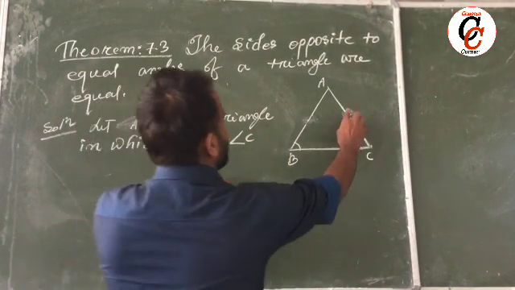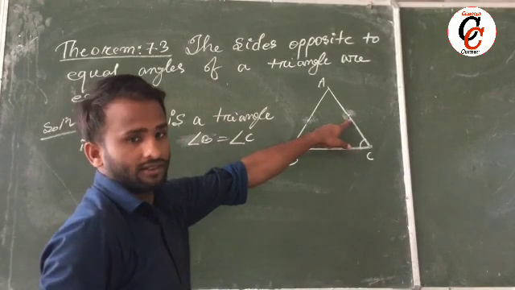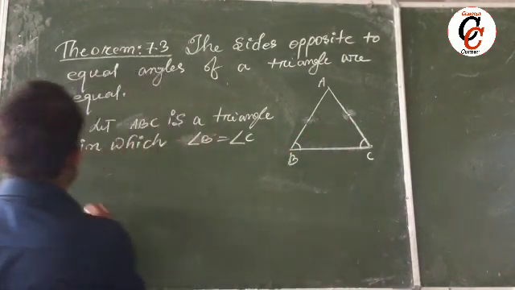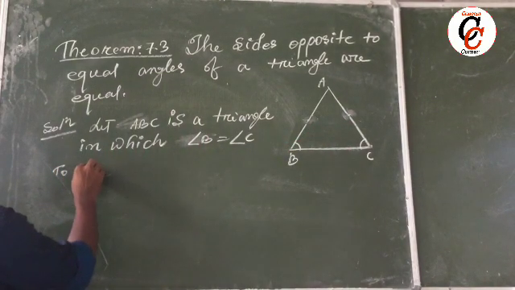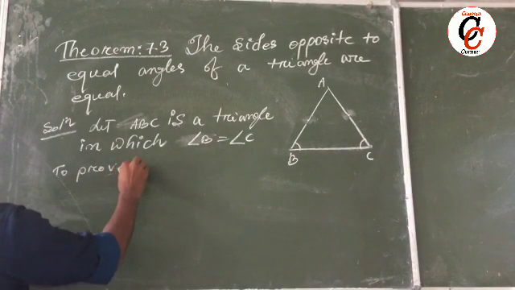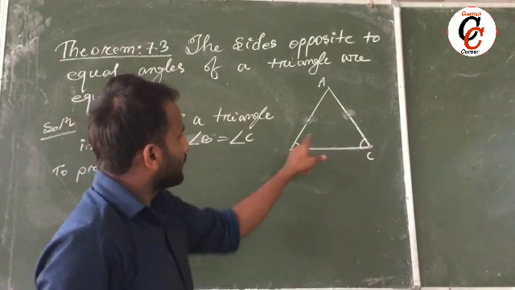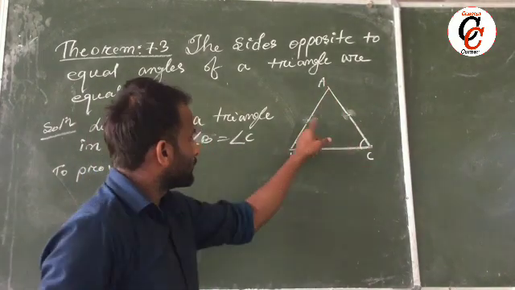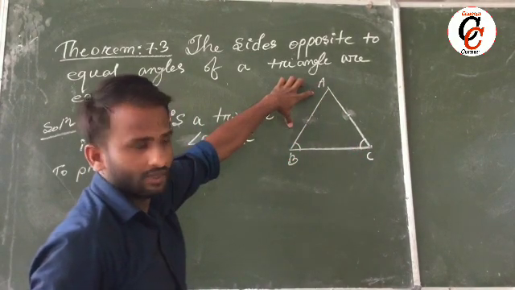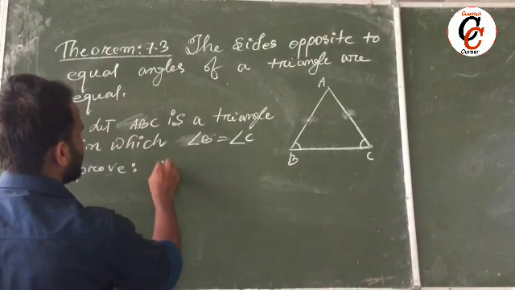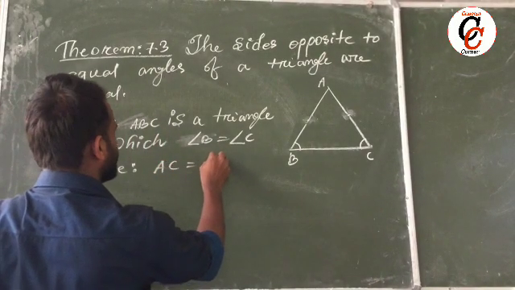We need to prove that these two sides are equal. What do we need to prove? The opposite side of angle B is AC and the opposite side of angle C is AB. So we need to prove AC equals AB, or AB equals AC.